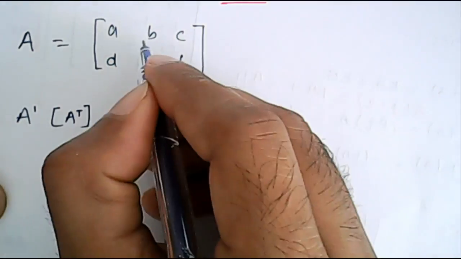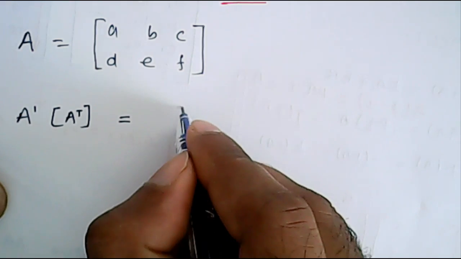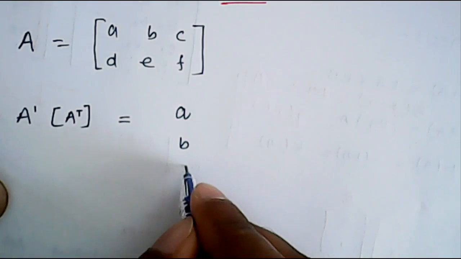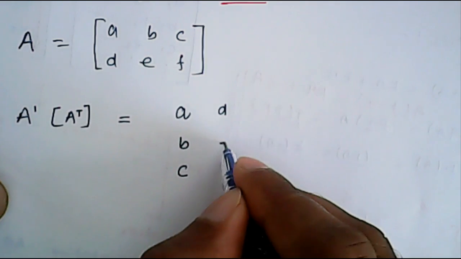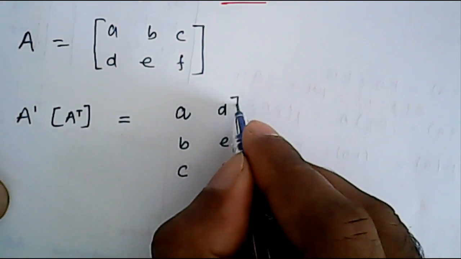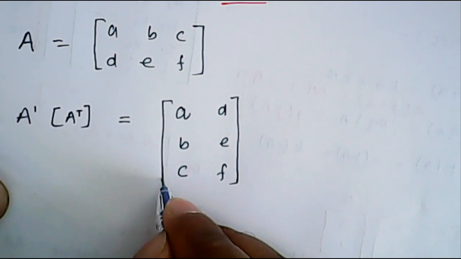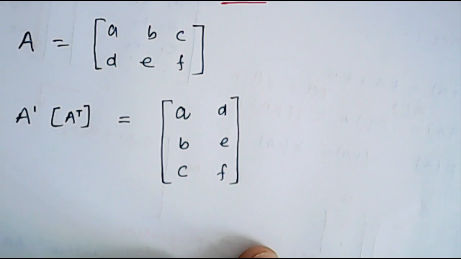For example, you have the first row A B C, so make it the first column A B C, and then the second row D E F, make it the second column. Something like this, right? So this is the transpose of matrix A T.